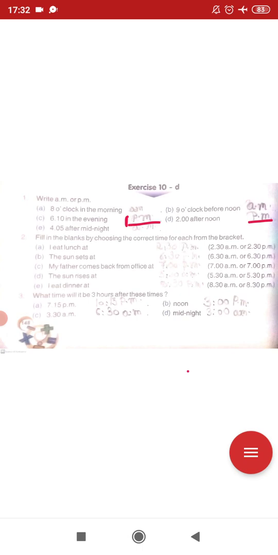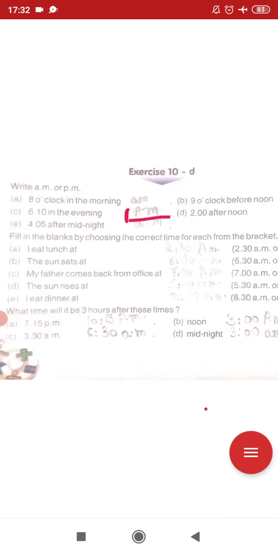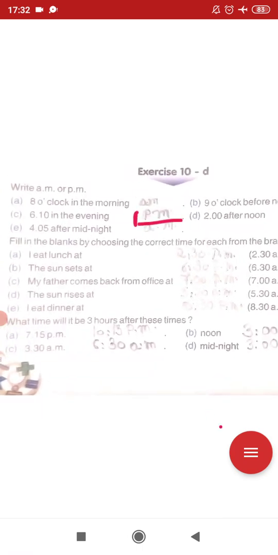And the last one, 5 minutes past 4 after midnight. Midnight, 5 minutes past 4, that is AM, because the time from midnight 12 to noon 12 is called AM. So here the time is telling us 5 minutes past 4 after midnight, so that is AM.